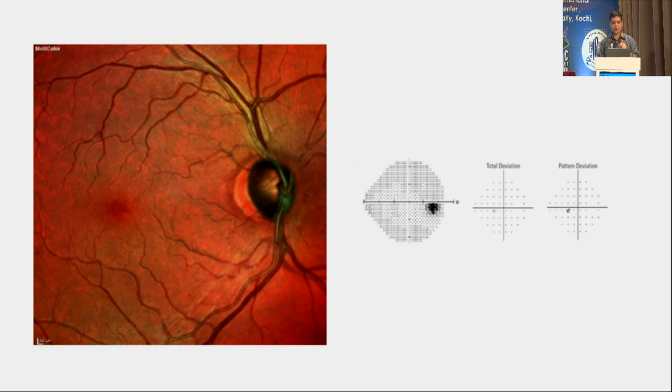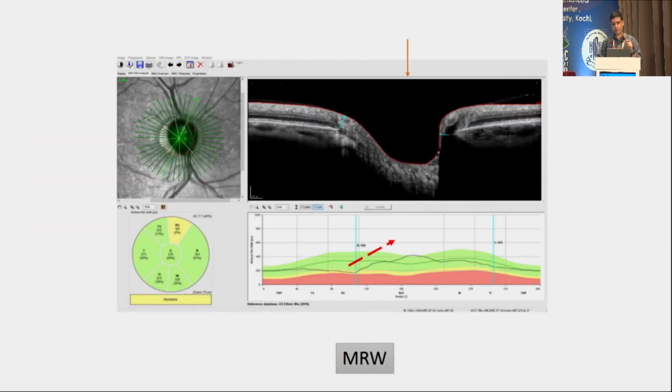The fields are normal. And if you look at the Tisnet graph on the mean rim width analysis, you can actually see the supranasal dip. And of course, this is not a very high degree of myopia. If it was a high degree of myopia, this would probably be marked as red on the circle sectors, instead of showing as yellow. But if you look at the B scan, you can actually appreciate the disc tilt in the B scan itself.